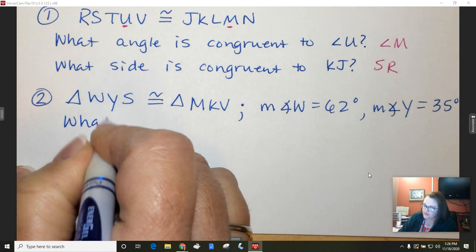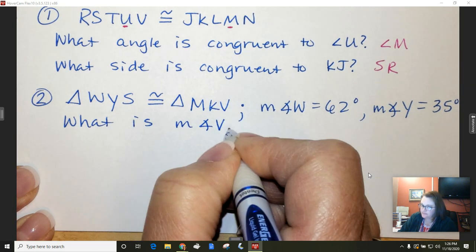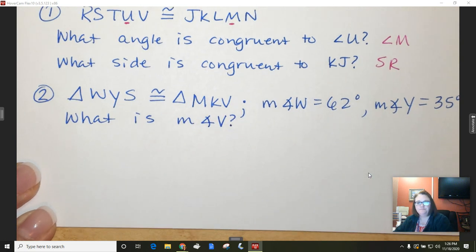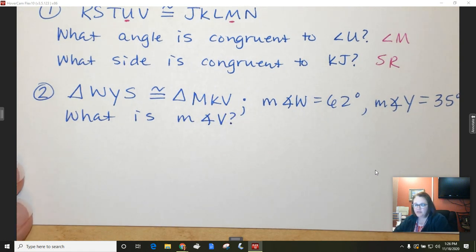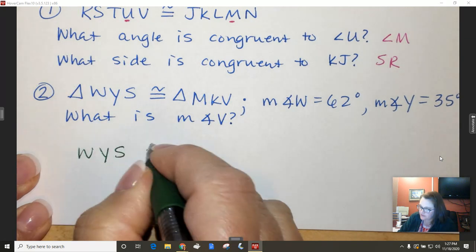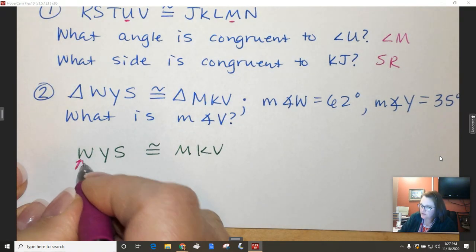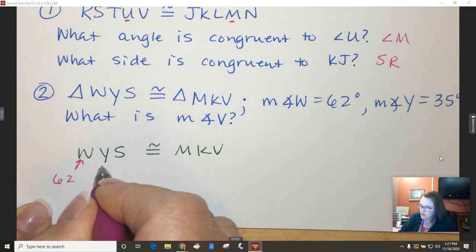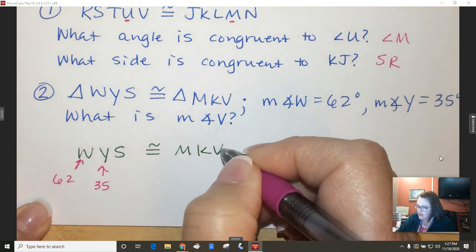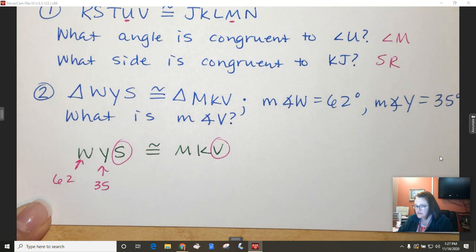And they ask us to find the measure of angle V. Now we can draw a picture, and on the notes that I posted, you're going to see a picture. We can also just look at the name of the figure. WYS is congruent to MKV. W is 62, Y is 35, and we have to find V, which is the same thing as S.